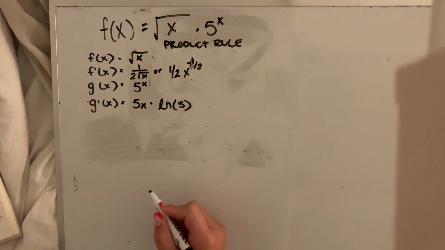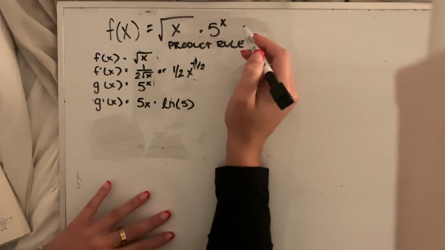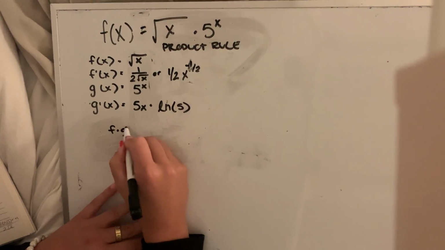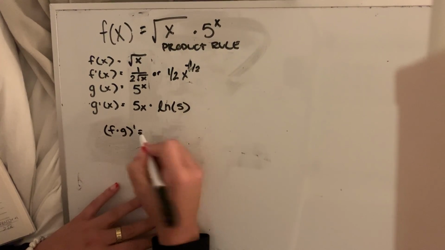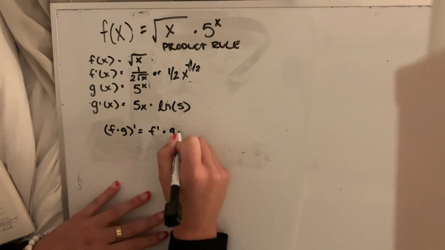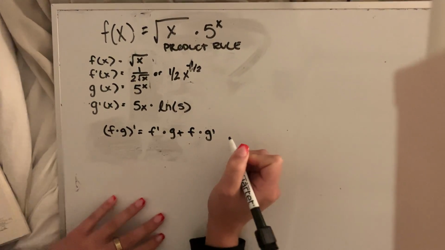Okay, and then the product rule equation is f times g. To find that derivative would be f prime times g plus f times g prime.